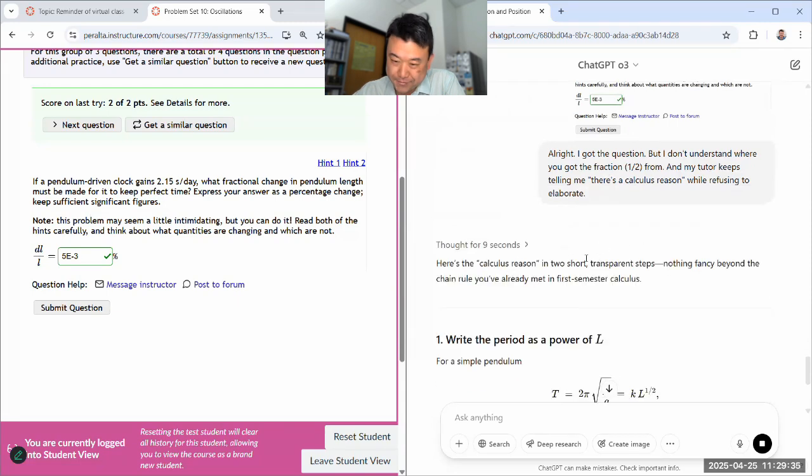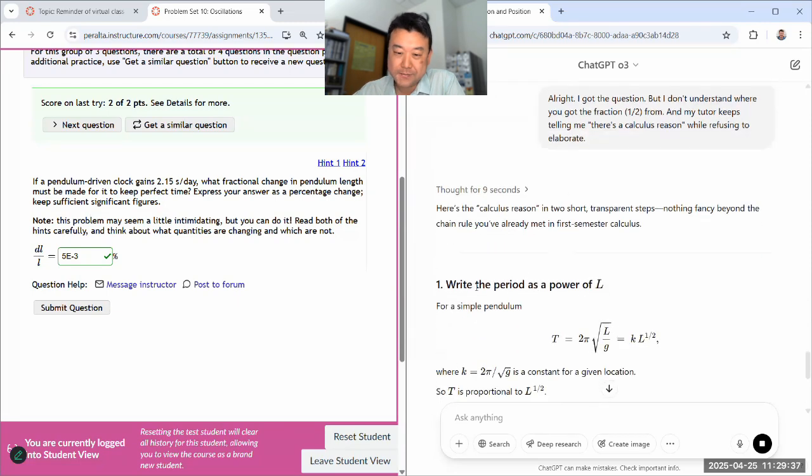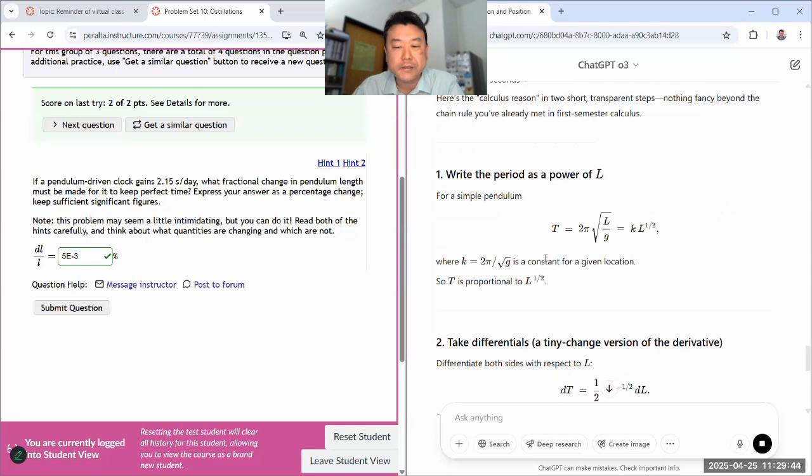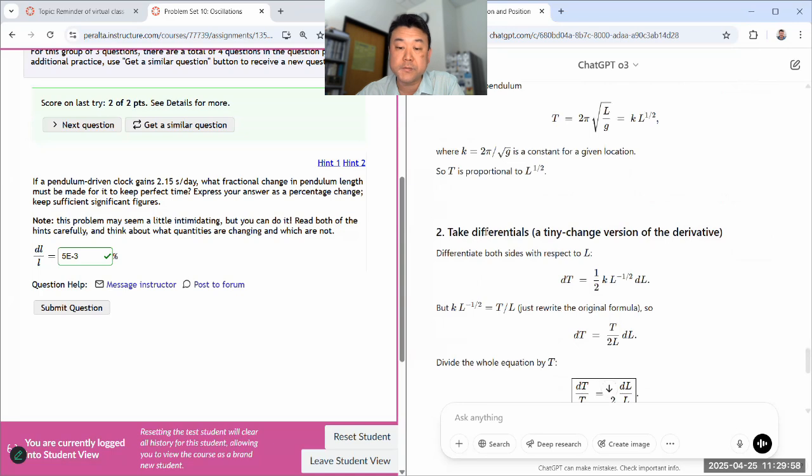There's the calculus reason. There's two short transparent steps. Yeah, chain rule. Ah, sure. You're taking the derivative. So yeah, that's the relationship. Yeah, it's the proportionality that matters. The constant, you can ignore it. You can wrap it all into a single constant to ignore for the rest of the argument.